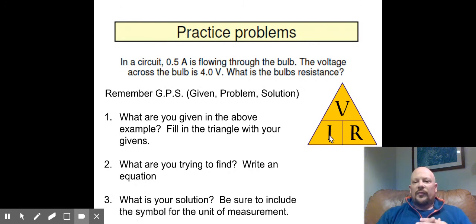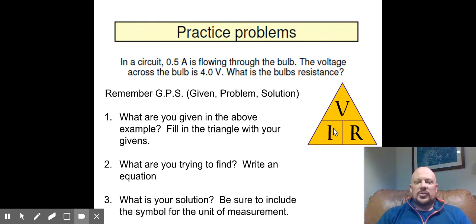Now we've got to figure out what is the resistance. Well, it's volts over current, amps. And so we're going to divide those. V divided by I. Our problem is finding R. Our solution is V divided by I.